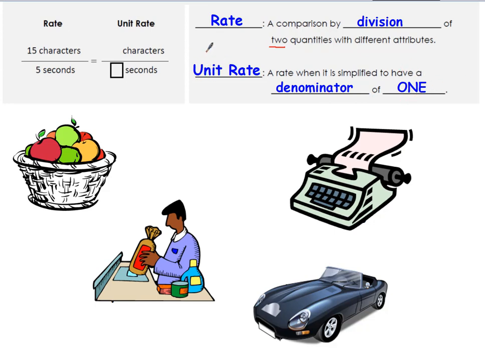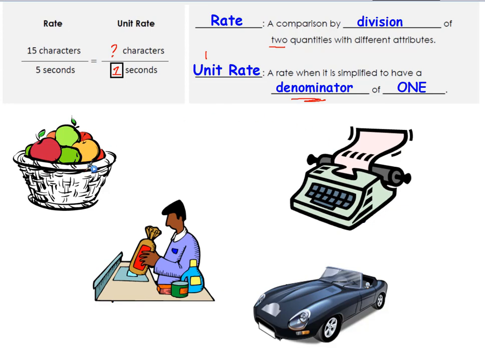The word unit means 1. Just think about it. Whenever they're asking for the unit rate, they're asking you for 1 as a denominator. So in this case, I have 15 characters for 5 seconds. So I want to know how many characters for 1 second. The 1 will always be the denominator when you're being asked for a unit rate.